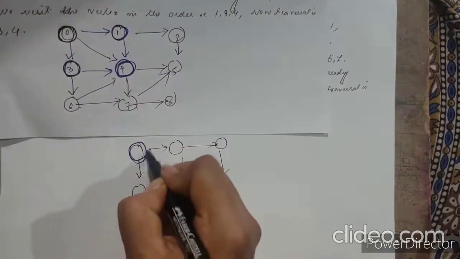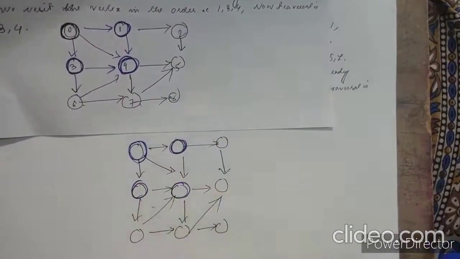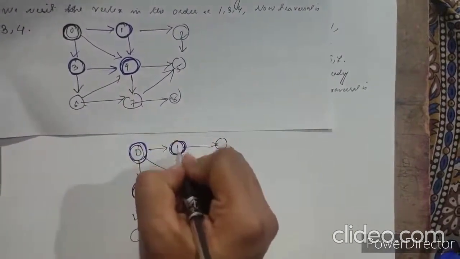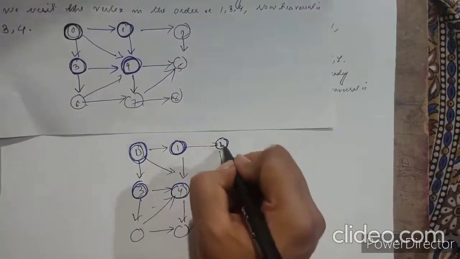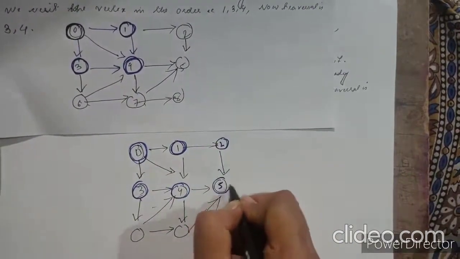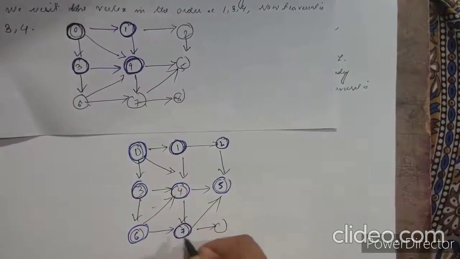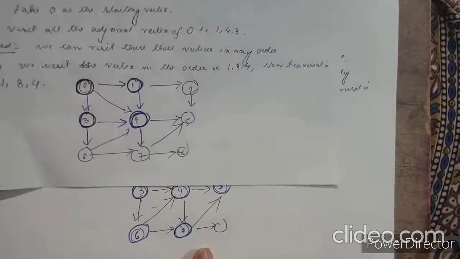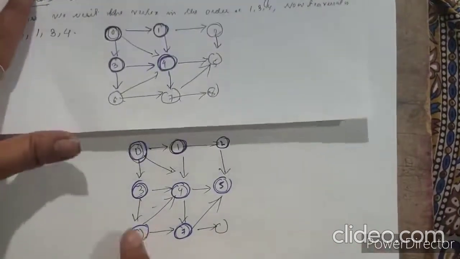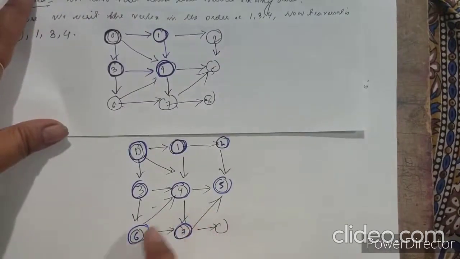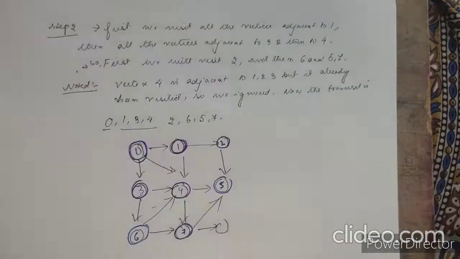This is already 0, 1, 3 and 4, and then we have to visit 2, and then this is 5, this has 6, and this is 7. Next point is, now we will visit one by one all the vertices adjacent to 2, 5, 6 and 7.